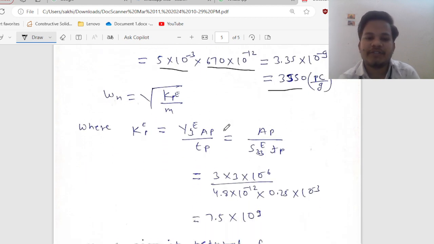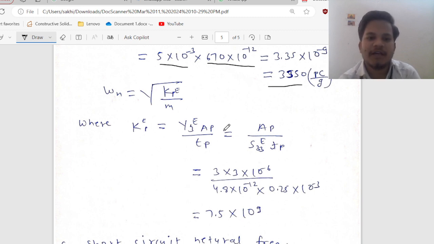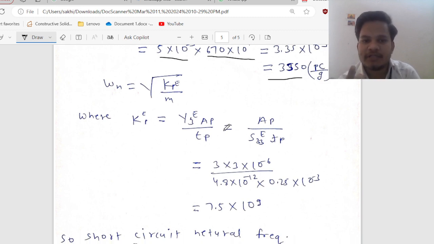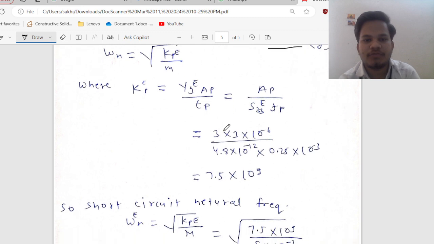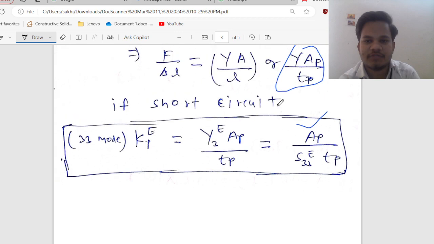And natural frequency means square root of k by m. We know the stiffness and mass, and the square root of this ratio is the natural frequency. We already discussed how to derive the formula of stiffness. Stiffness is A over S T P for the piezoelectric material. I discussed this derivation also.